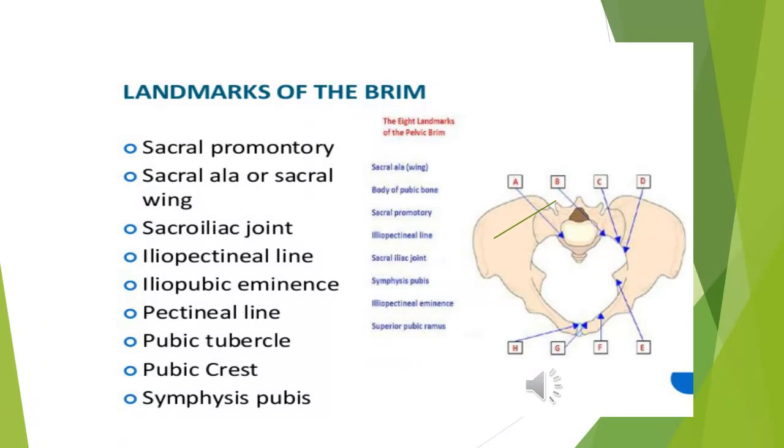Then the iliopubic eminence will come at the junction of the ilium and the pubis, a projection you can see there. Then followed by the pectineal line, the upper border of the superior ramus of the pubis. Then the upper border of the body of the pubis is known as the pubic crest. Before the pubic crest, lateral to that, there is the pubic tubercle. Then it reaches the pubic symphysis. So this is the pelvic brim.